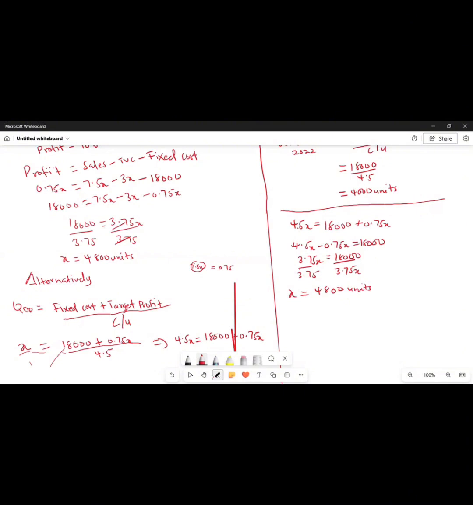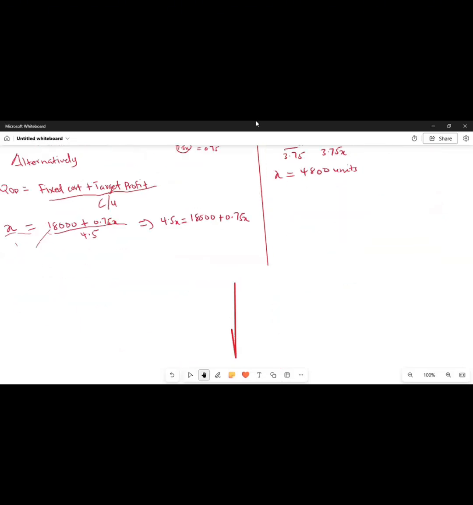So part IV is saying that we should prepare an income statement to prove our answer. Let's prove it with an income statement. For income statements, we always start with our sales.